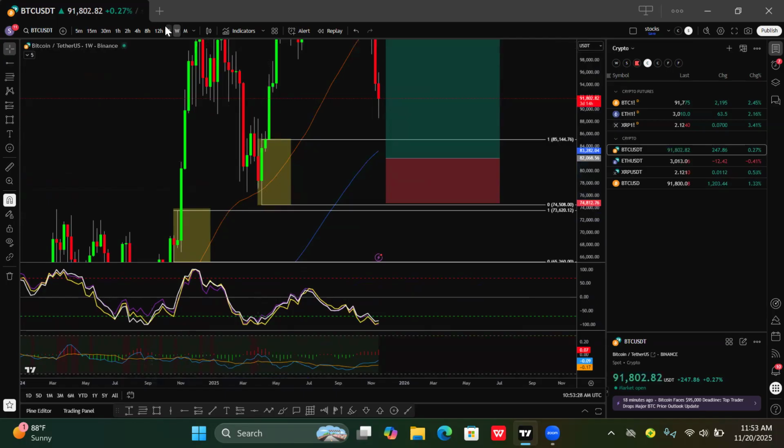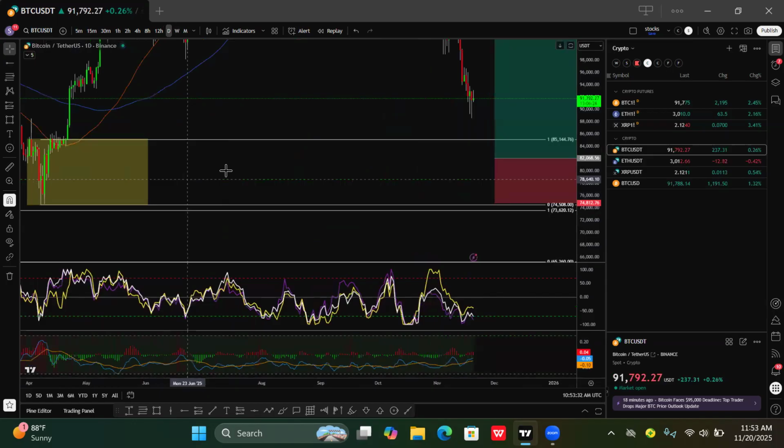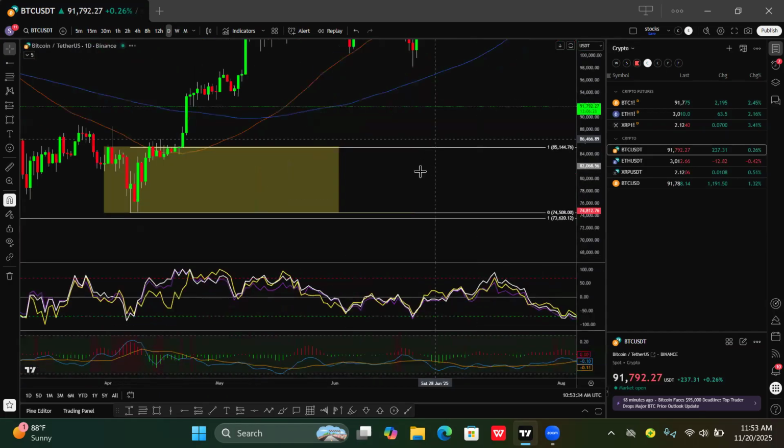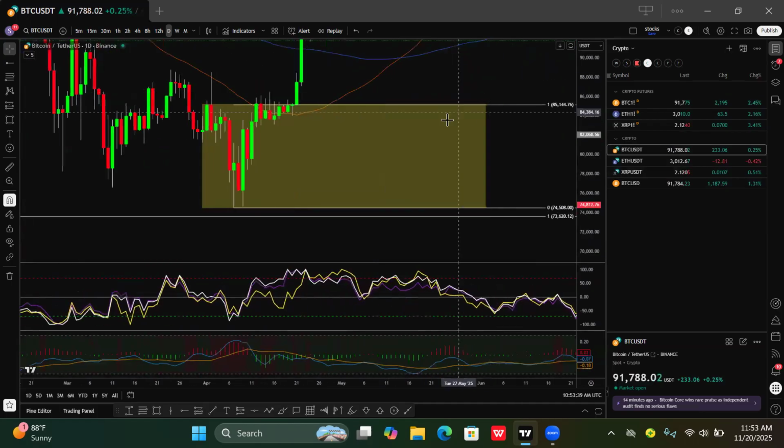Now let's go down to the daily time frame and see if we can find the entries. So here you have drop, base, rally, base, rally, base, 1, 2, 3, 4, 5, 6. You have this level here.